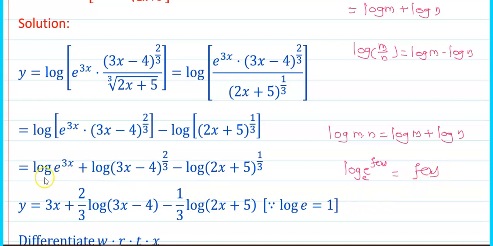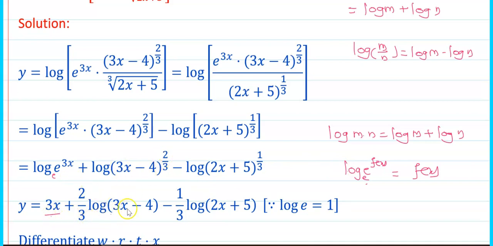Similarly here, log of e raised to 3x. Here the base will be e and therefore its answer is 3x. Similarly here, log of e raised to f of x to the base e. Here the base e is not shown anywhere, but if there is no base, we consider it to be e. Okay, and therefore here it is 3x.